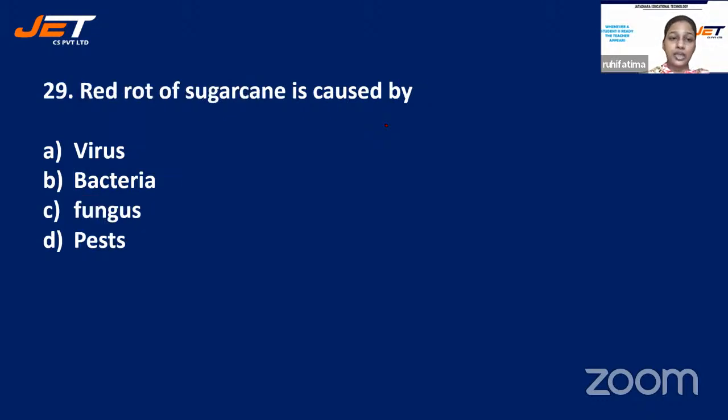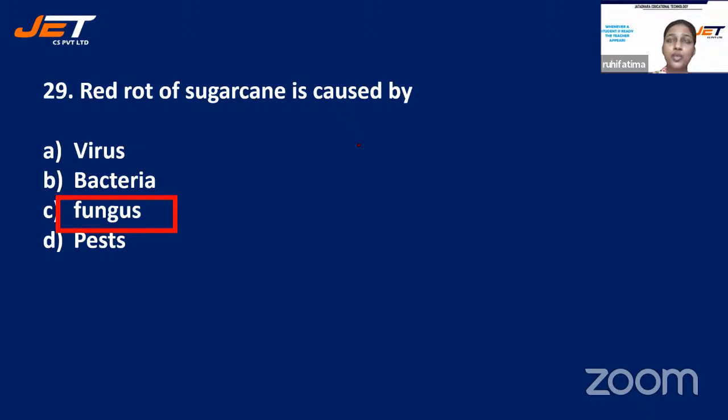Red rot of sugarcane is caused by dash. Virus, bacteria, fungus, or pest. Come on, students. Not heard about this red rot also? No problem. I'll tell you. It is a fungal disease.